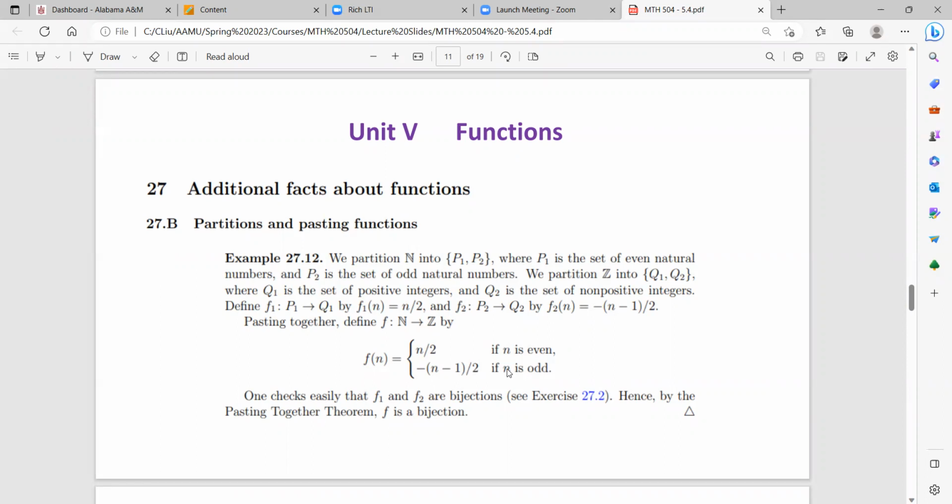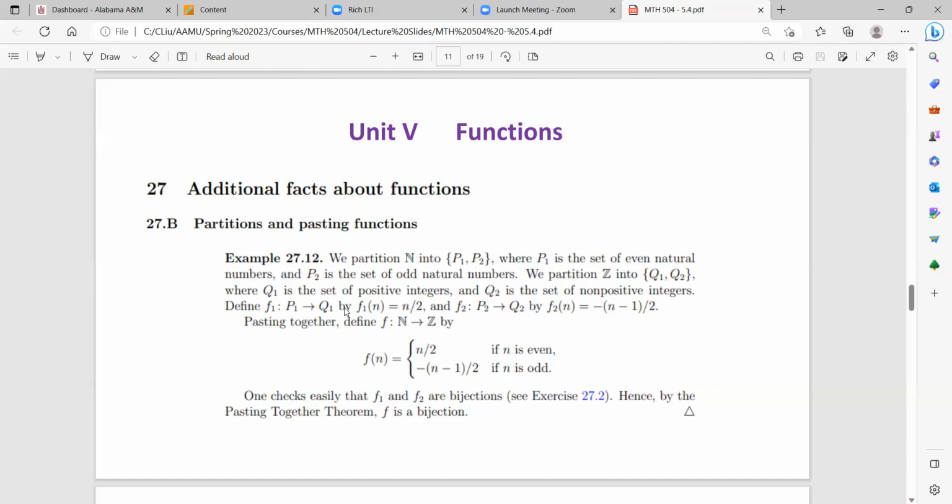Well, you can easily check that f1 and f2 are bijections. That's pretty easy to show, right? So for example, first f1 from P1 to Q1 is one-to-one because if you change the even natural number and divide by 2, you get a different positive integer, right?